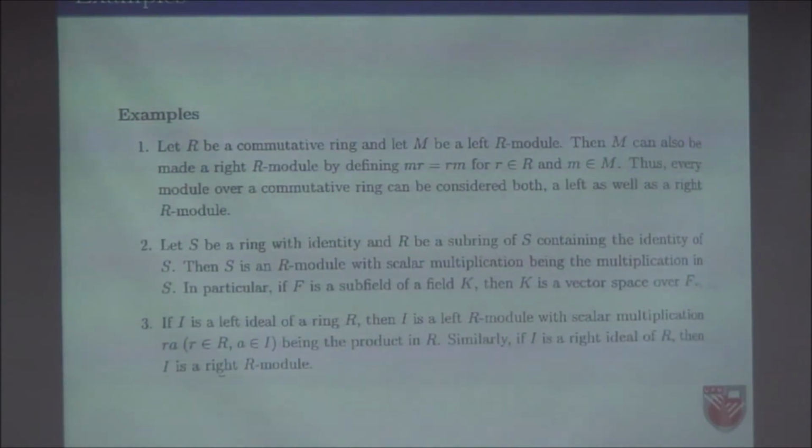Let S be a ring with identity, R be a subring of S containing the identity of S. Then S is an R module with scalar multiplication being the multiplication in S. In particular, if F is a subfield of field K, then K is a vector space over F.